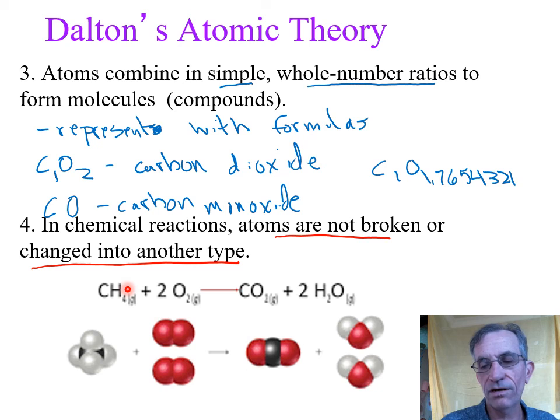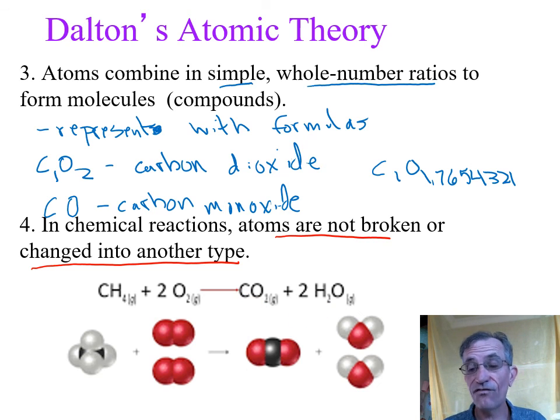When you burn methane, you start off with 4 hydrogens. The hydrogens are the white spheres. When the reaction is over, you still have 4 of them. All that happens when you burn natural gas is it reacts with oxygen. The atoms change who they're connected to, and we end up making carbon dioxide and water.